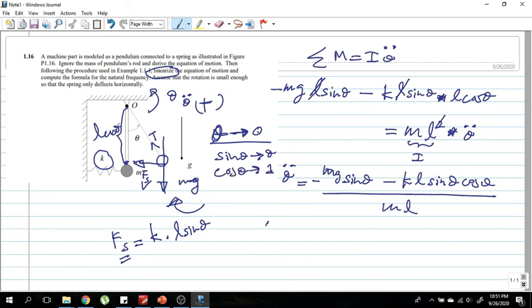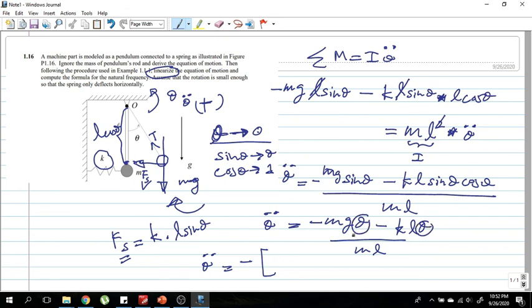Okay. Now here we can further simplify. Theta double dot equals minus mg theta minus KL theta, divided by ml. We can take theta out: minus (mg plus KL) over ml, times theta.